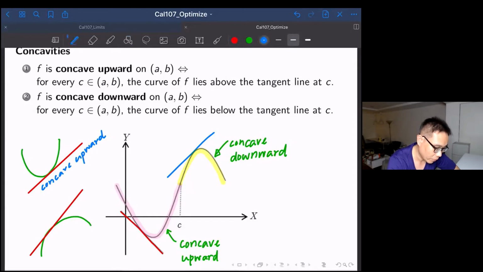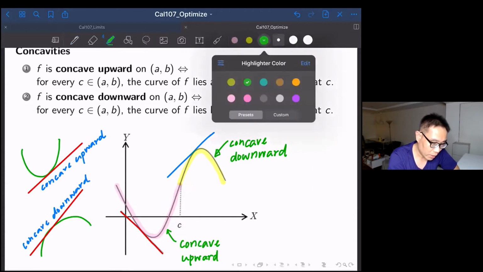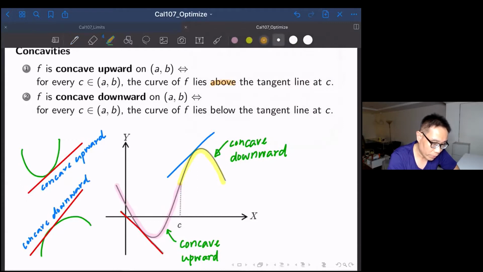So this one will be concave down. The key idea is above or below. I used the pink color for concave up and the yellow one for concave down. This is the important one.